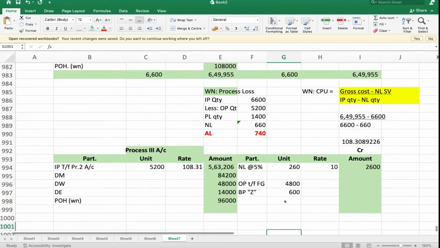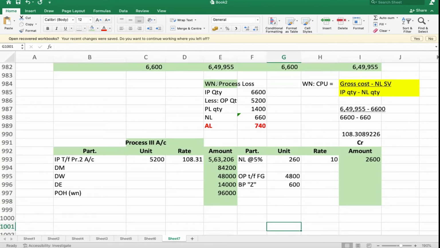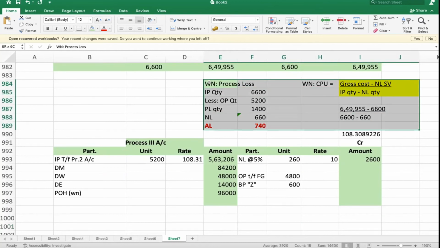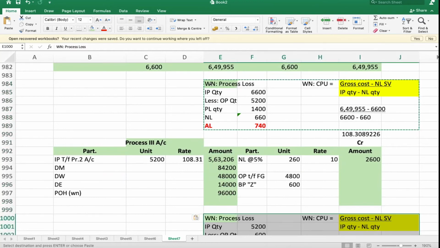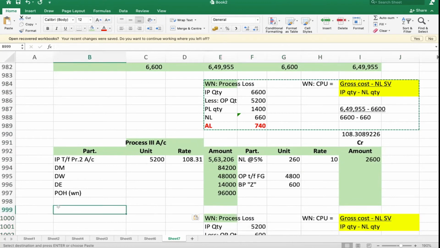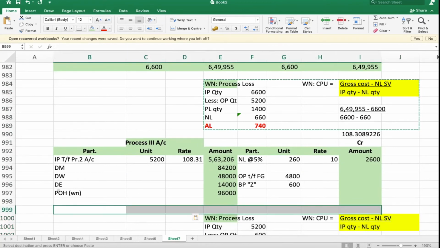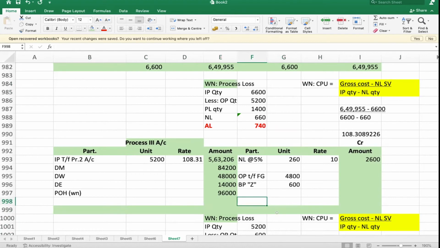Now again we have to identify process loss and cost per unit. Process loss: what minus what is equal to process loss?